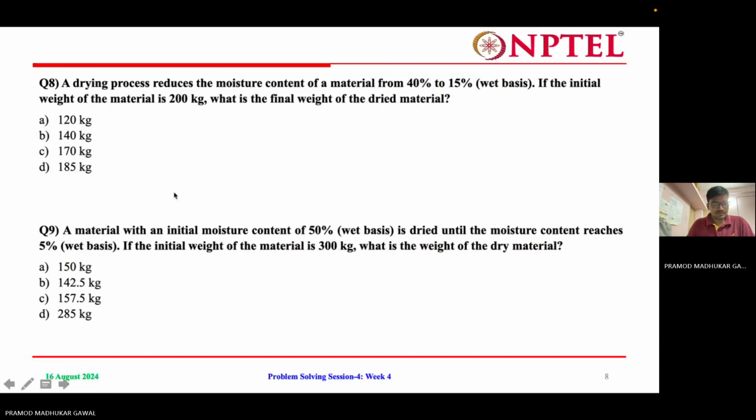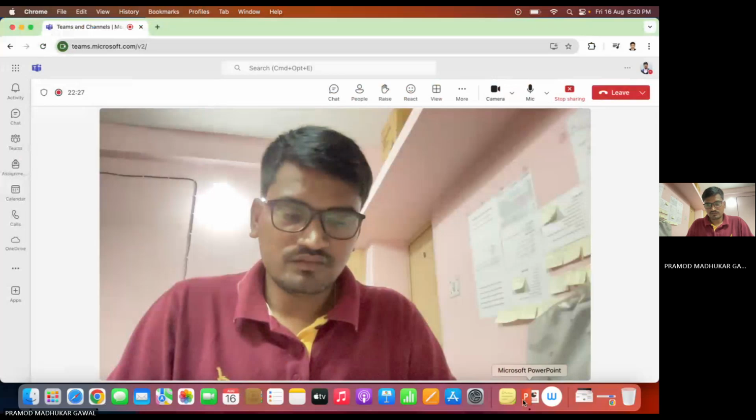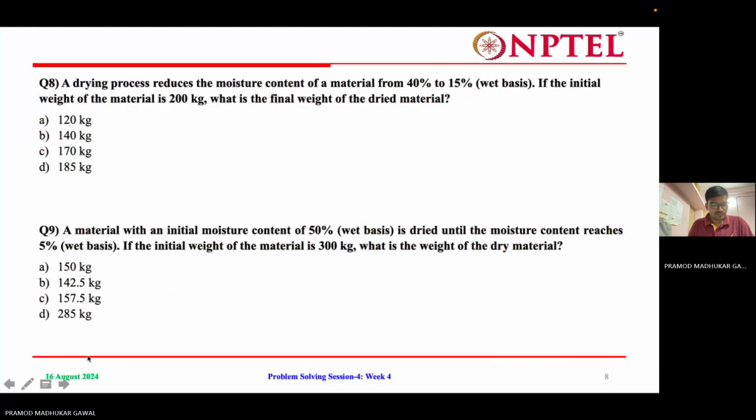Number 1: the initial weight of moisture is 200 times 0.40, so 80 kg.